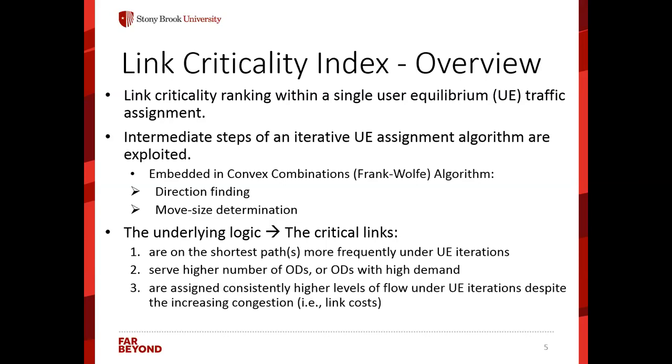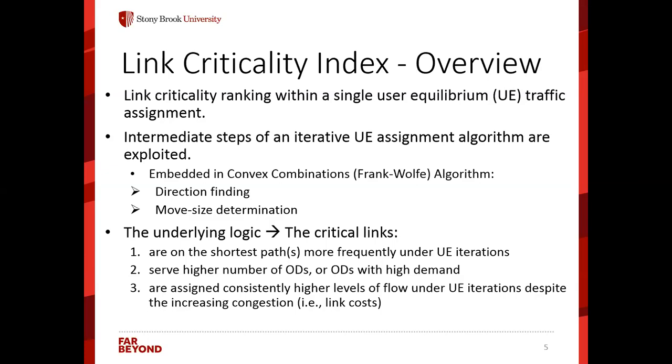Also, for my case, I live in Long Island, and when I go to New York, I can think of the Long Island Expressway. Even though it gets very congested, it's still the best route, the fastest route, probably the most critical route to get to New York from Long Island.